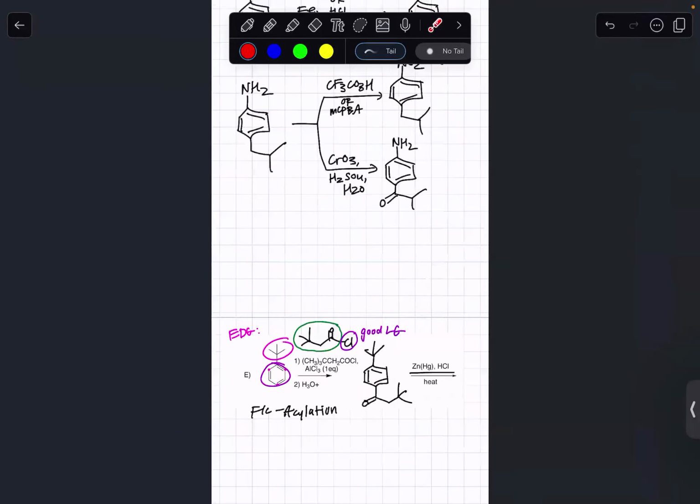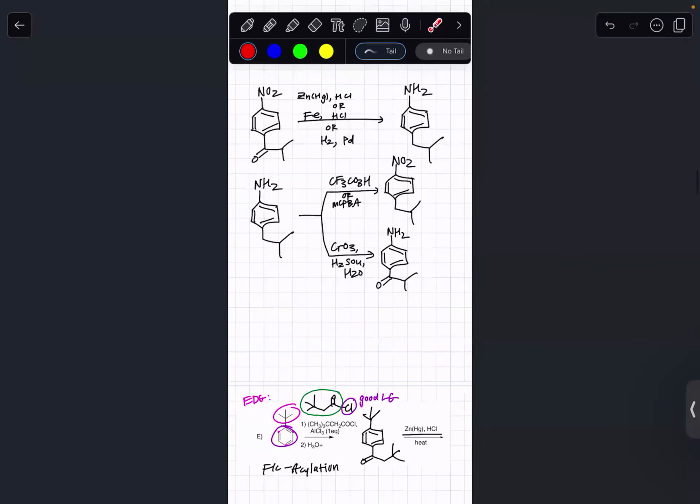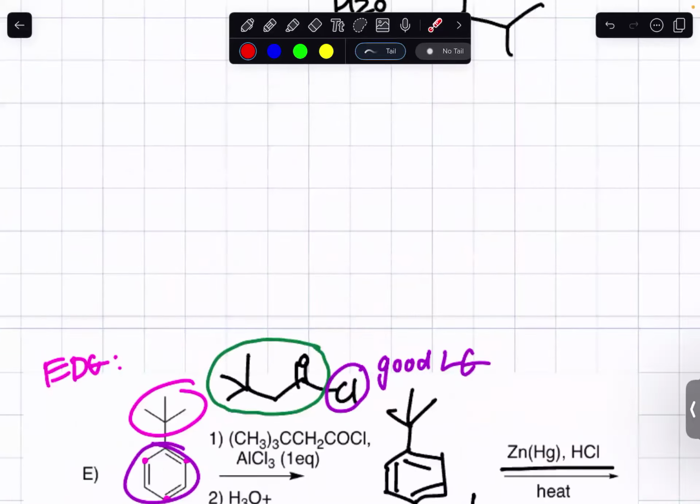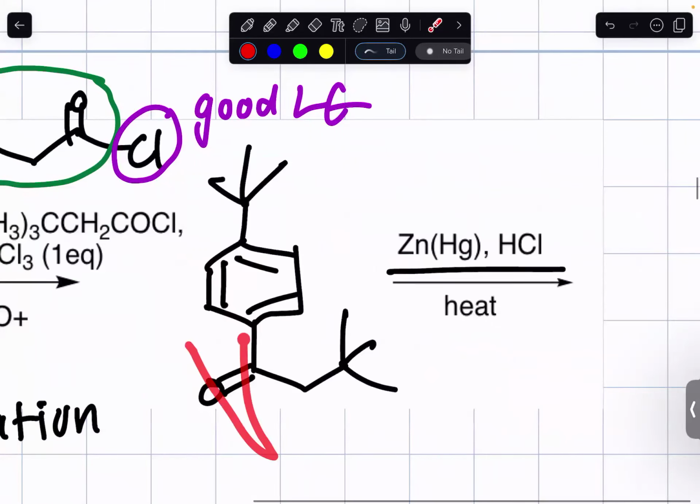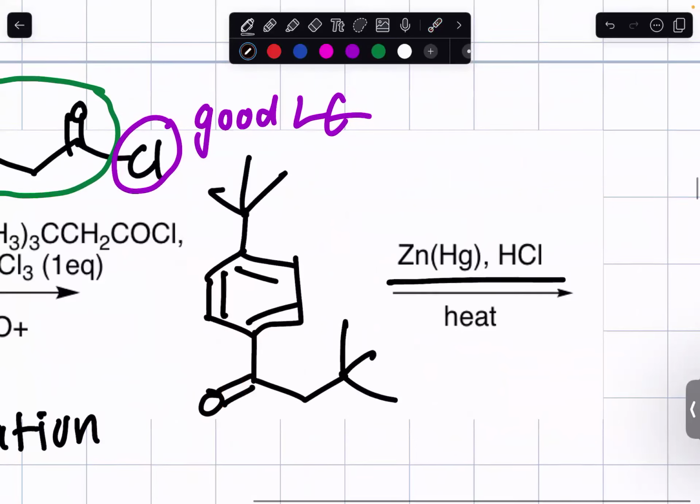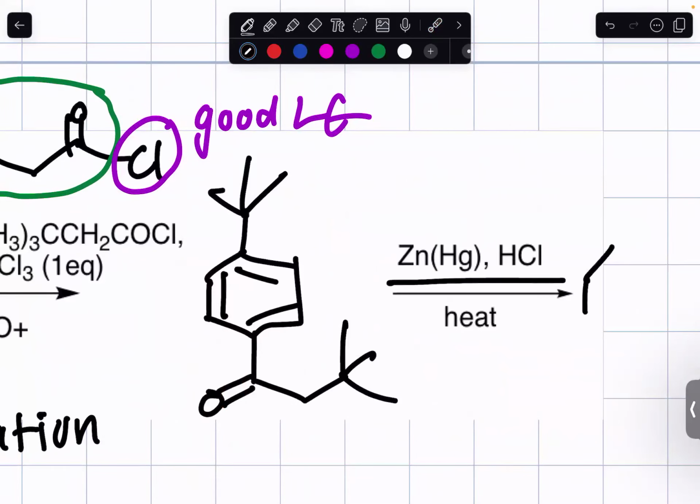Right, you can look back at the chart. Yep, it would get rid of the carbonyl. Bye-bye oxygen. Bye-bye carbonyl. Get that guy out of there, like that.